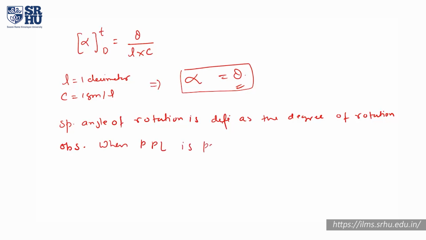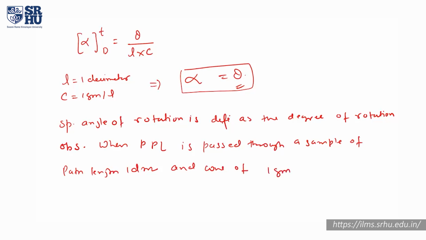is passed through a sample of path length 1 decimeter and concentration of 1 gram per ml at a specified temperature T. Okay, so specific angle of rotation is that observed angle of rotation which is taken when the path length is 1 decimeter and the concentration is 1 gram per ml.